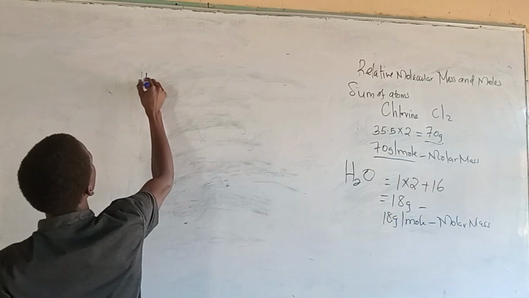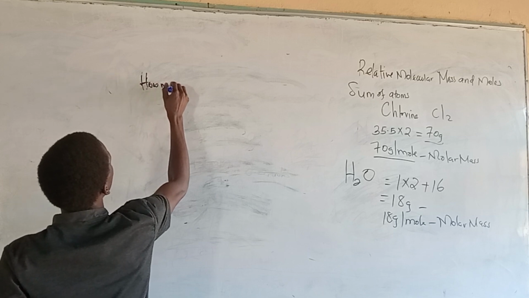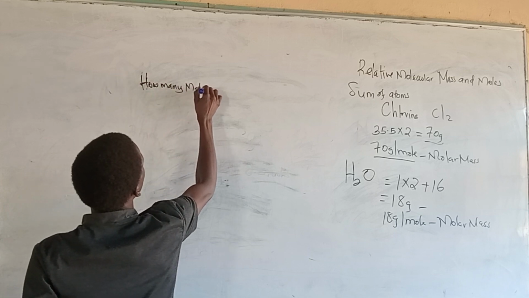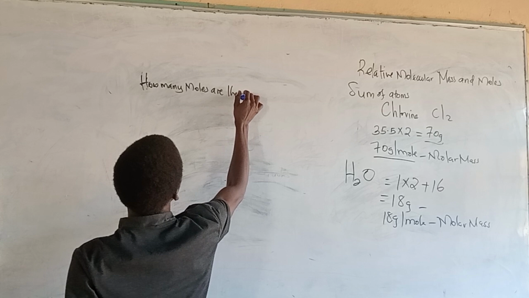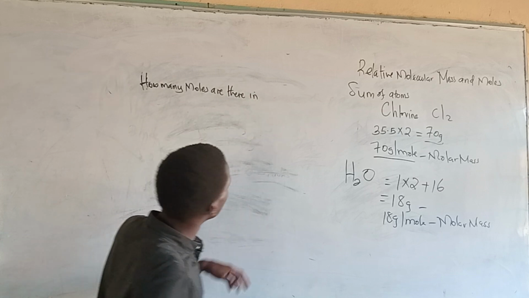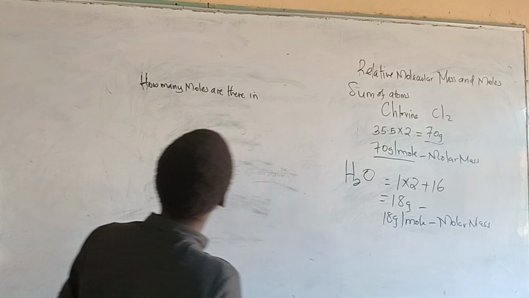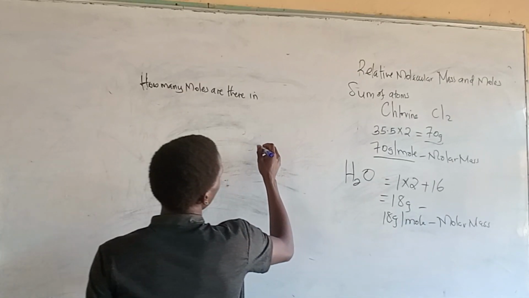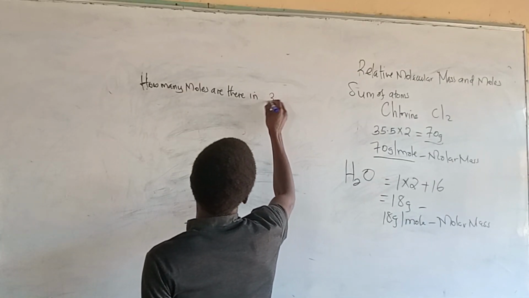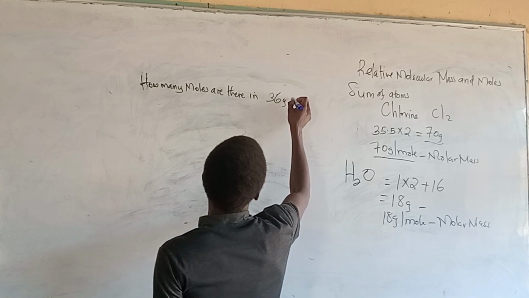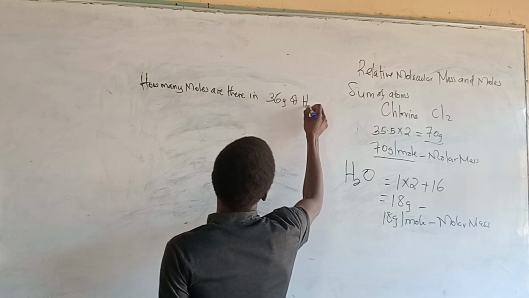How many moles are there in, let's say, 36 grams of water?